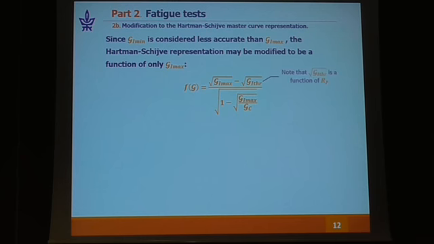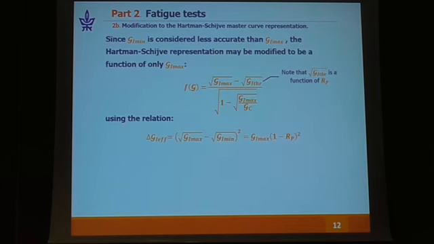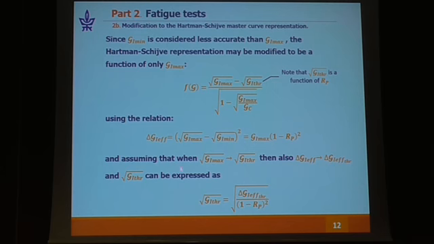And here you should remember that the G1 threshold is a function of the load ratio, as we are seeing here. So we can fix it by using the relation between delta G1 effective and G1 max, and assuming that when G1 max goes to its threshold value, also delta G effective goes to its threshold value.